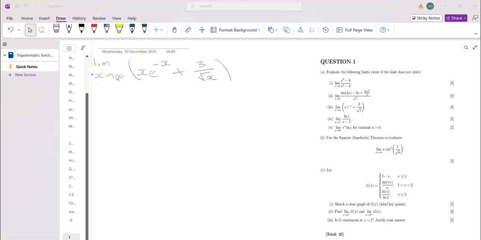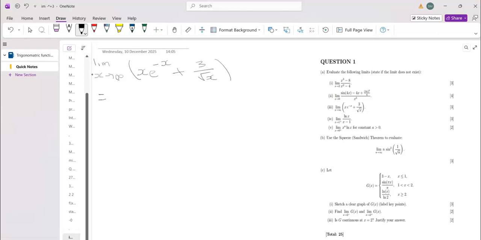Okay, so we're having this limit and we want to find out what it's going to give us. So let's find the solution of this limit. We have the limit as x tends to infinity of the function x e to the power of negative x plus 3 divided by the square root of x, right?